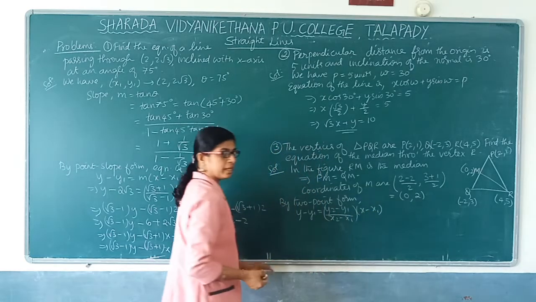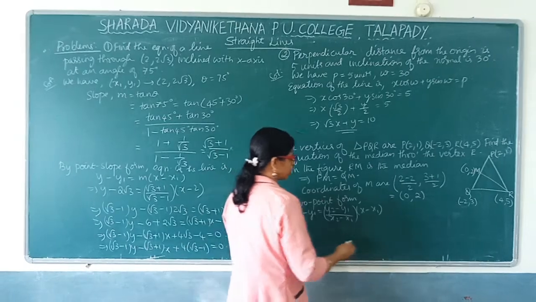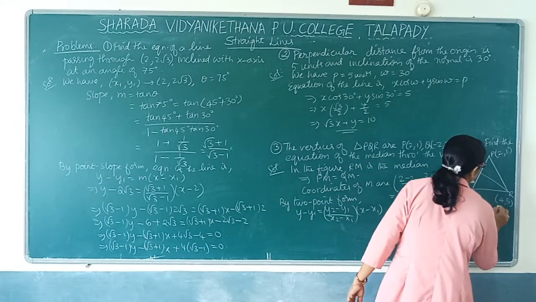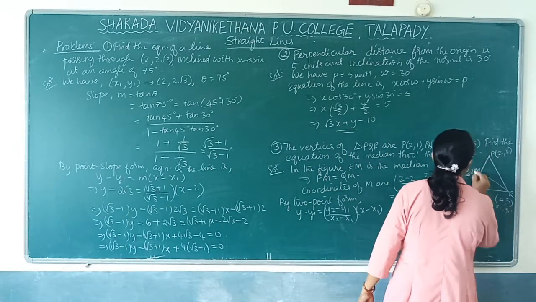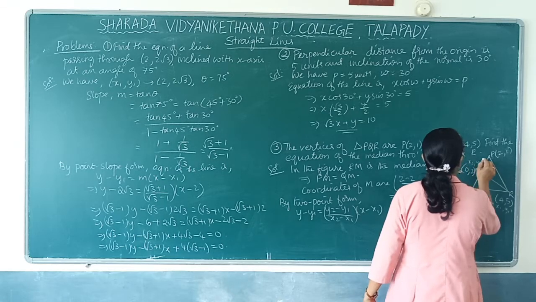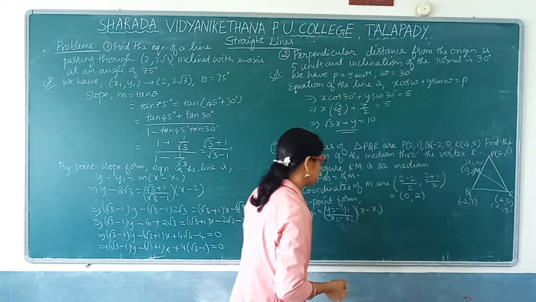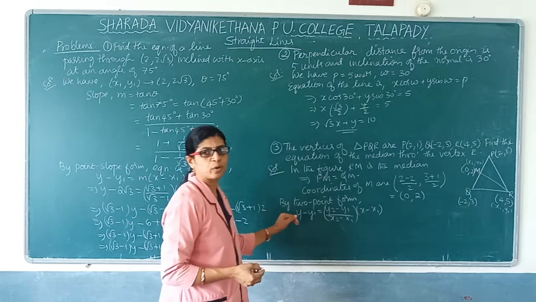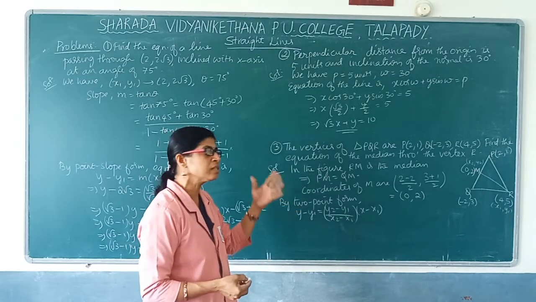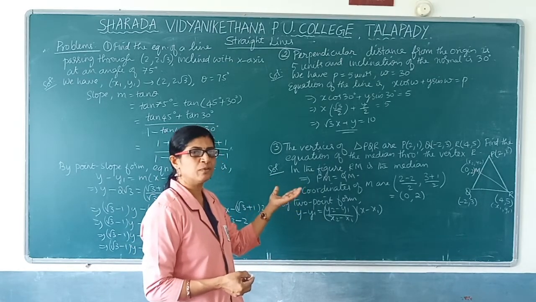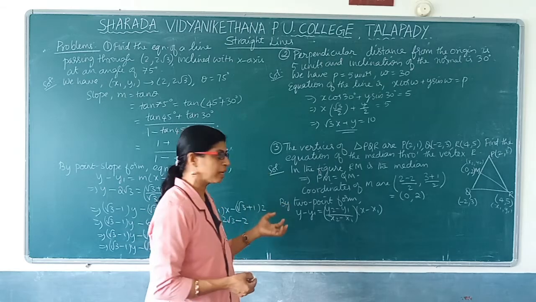We take (4, 5) as x1, y1 and (0, 2) as x2, y2. If you mark which is x1, y1 and which is x2, y2, it will be easy for you to avoid mistakes while calculating.